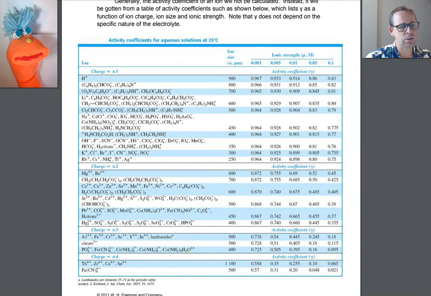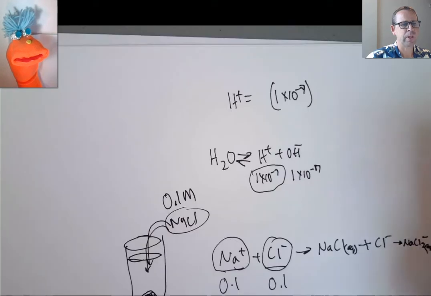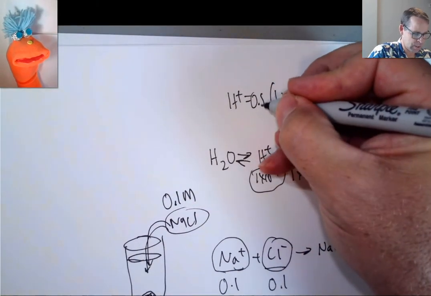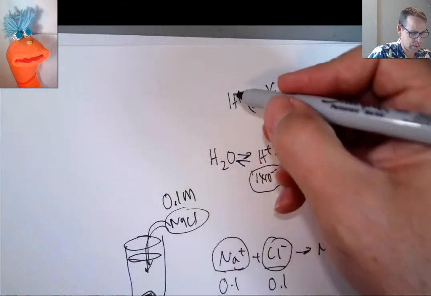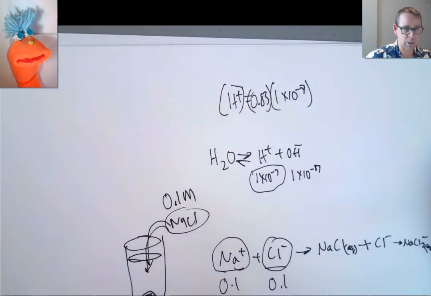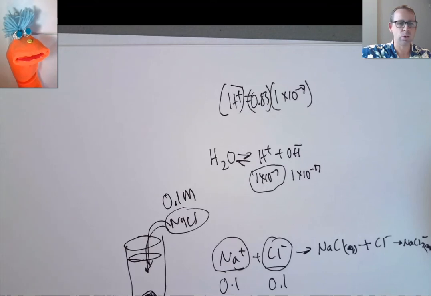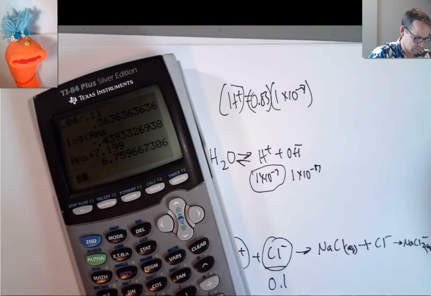All right, so then 0.83 is our activity coefficient that goes in there, and then that will tell me my actual concentration of hydrogen ion. So 1 times 10 to the minus 7 times 0.83.